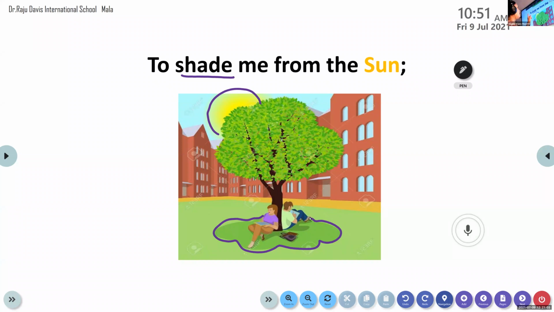Okay. So here in this image, we can see the shadow or the shade of the tree, the same tree. And two people are sitting under the tree in its shade. Can you think about why these people are sitting in the shade of the tree?